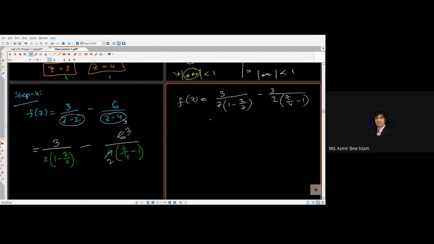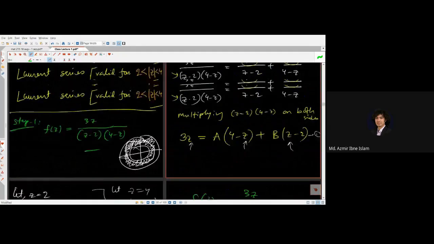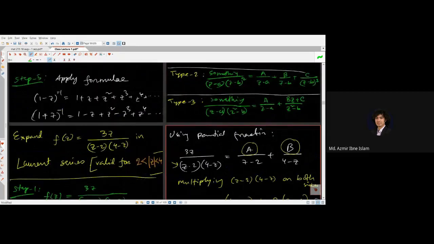Okay, now step 5 can be applied. That is, we have to use the formulas. You can remember the formulas are with 1 negative z power minus 1, 1 positive z power minus 1. So 1 negative z, 1 positive z with power negative 1.